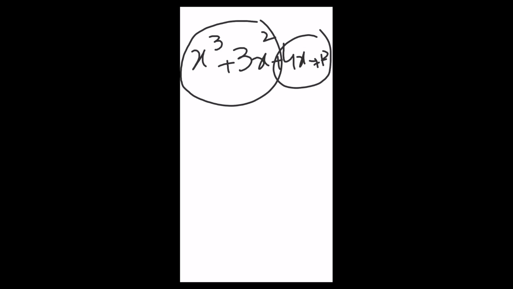So I made it more easy for you. I made the pair as well: x cube plus 3x squared, 4x plus 12. So you can easily make the factors. If you cannot, you can easily tell me that I am not getting it.